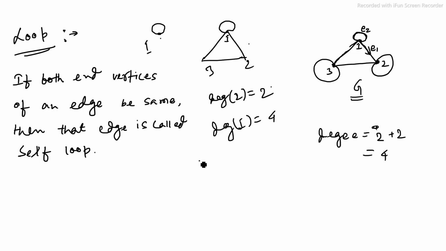Suppose this is a graph, and here the loop is at vertex v1. This is called a loop.